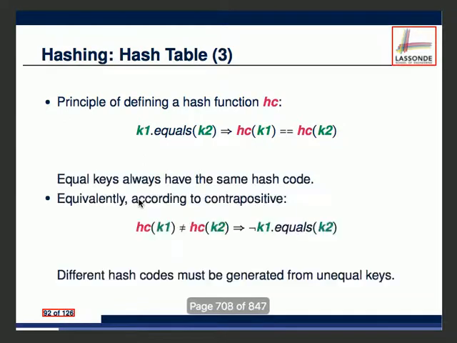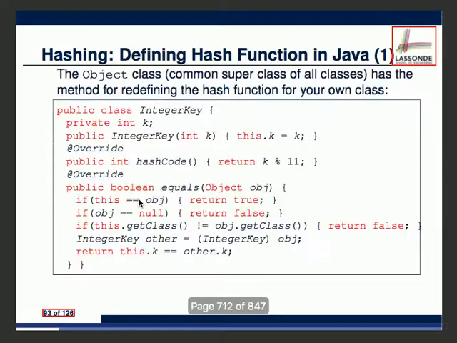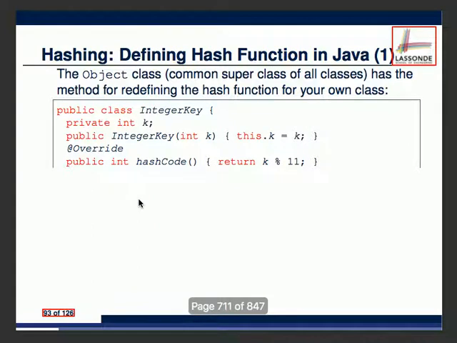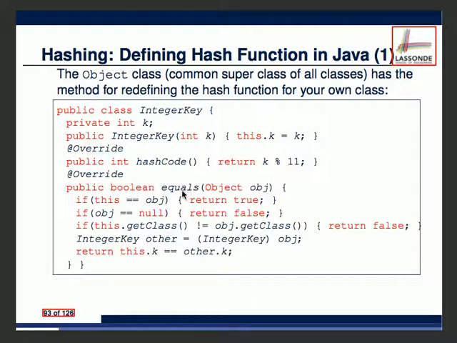Okay, so now I want to go over some discussion for this particular question. You can see that we have a class called IntegerKey, and we choose to override the hashCode function there. Whatever k is, I'm going to take modulo 11. That's what we went over last time. Now, this is the standard way of defining the equals method as we talked about before.